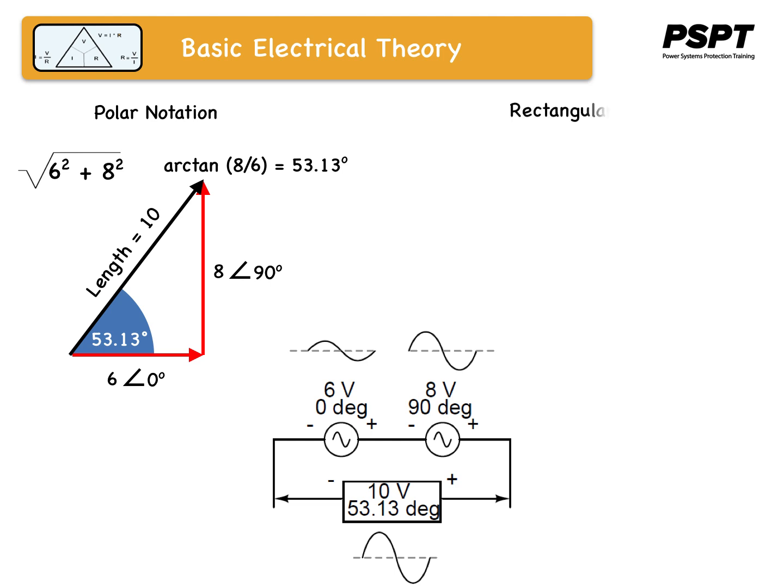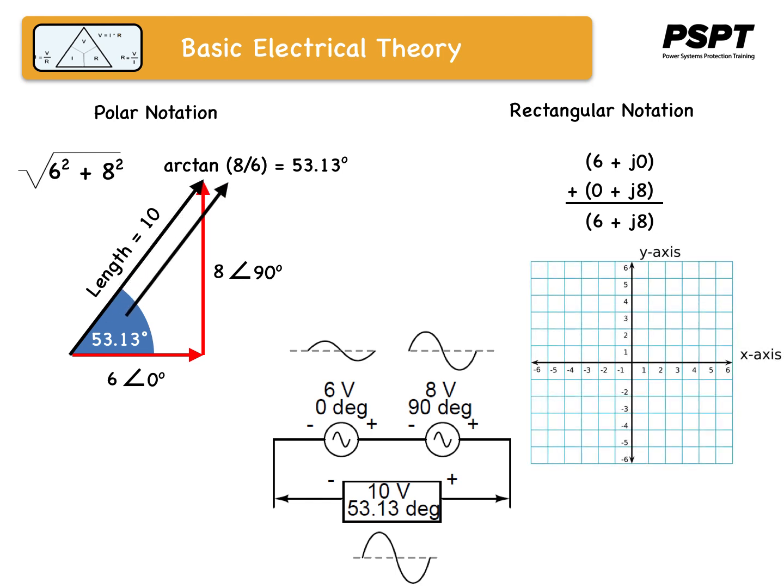However, if we had worked in the rectangular notation, we would have had 6 volts at J0 added to 0 plus J8, where we only have to add up the real sides and then the imaginary sides. That would have been the same result, only a lot easier to add two vectors together in the rectangular notation.